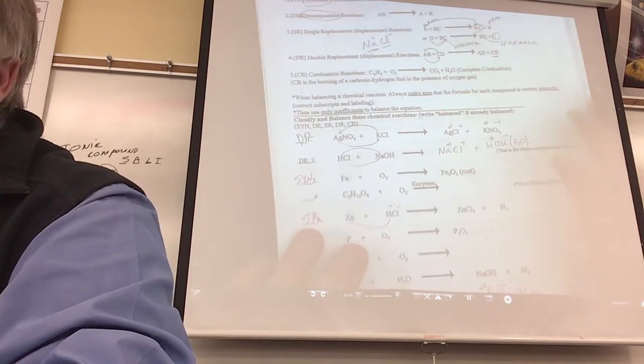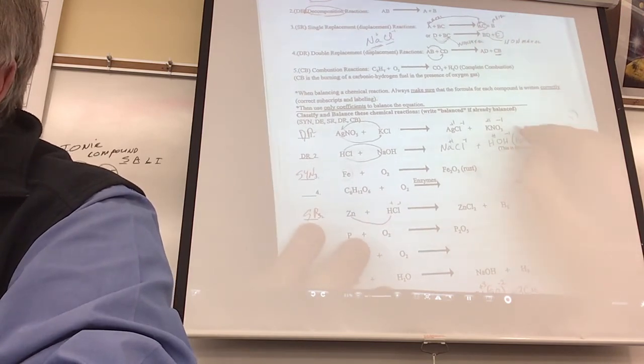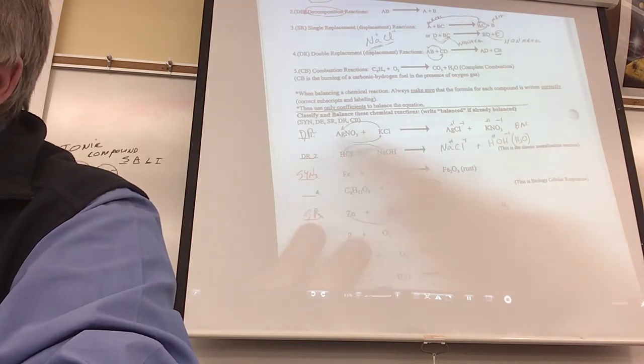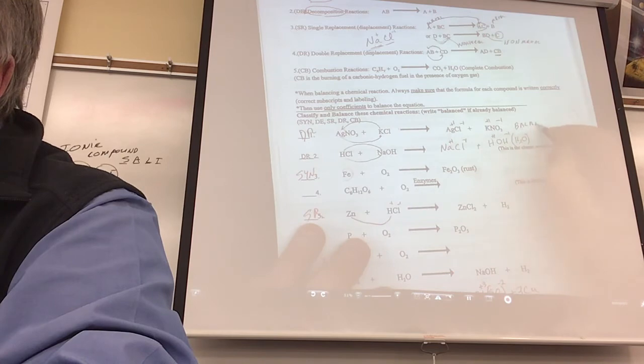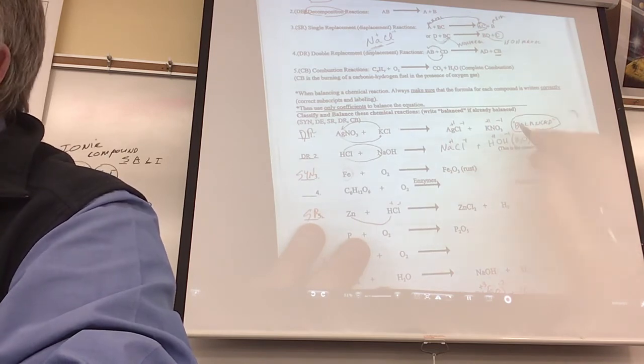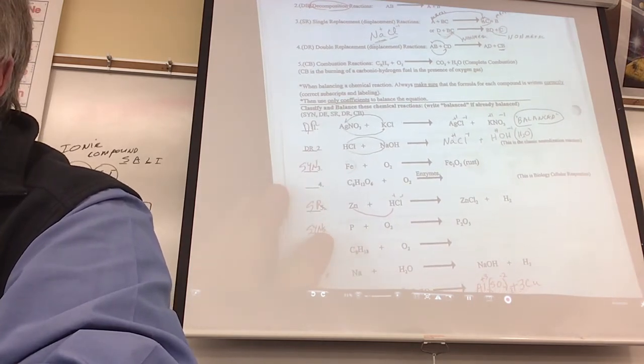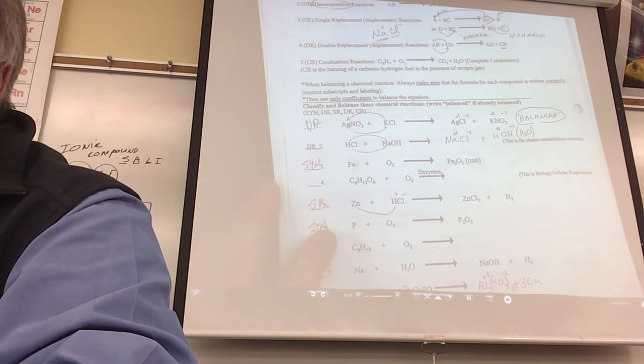Now, I'm not a mean teacher. But if you have this on a quiz or a test, and you did not have to add any coefficients, I require you to write the word balanced. Balanced means it's already balanced. You don't have to do anything. Look at the next one.